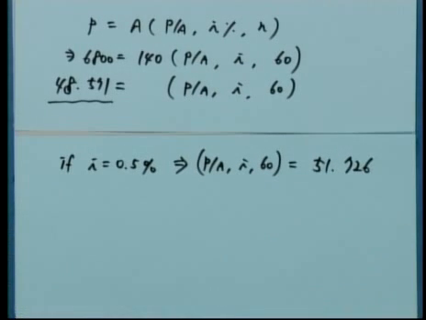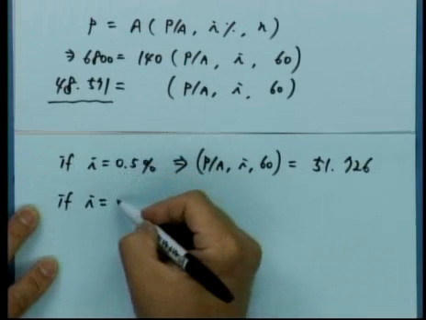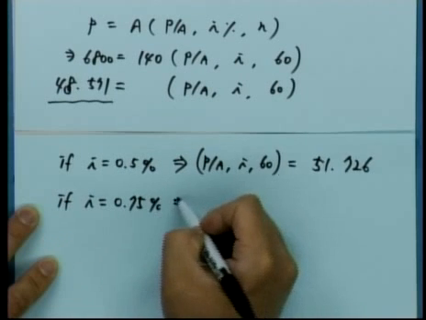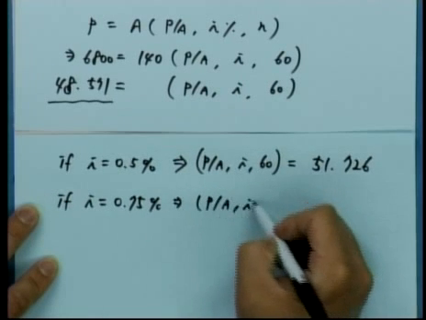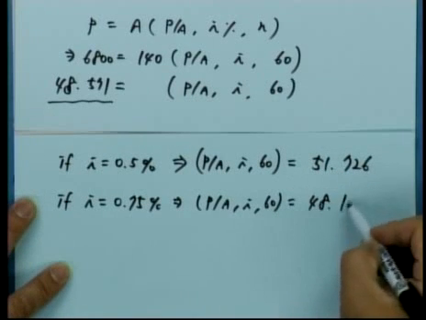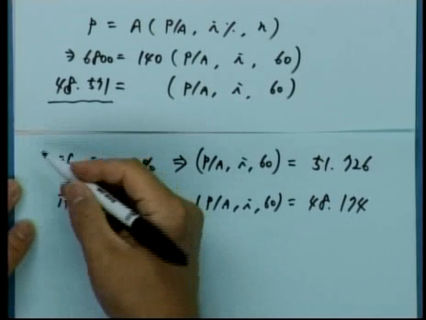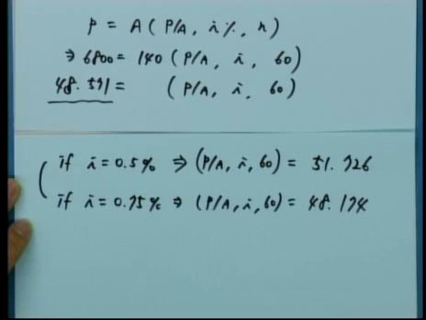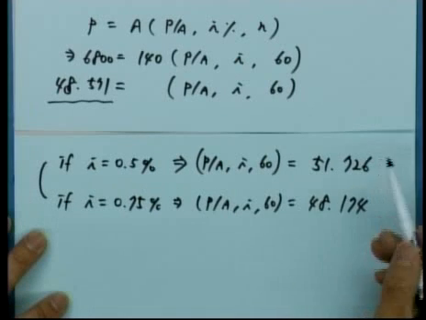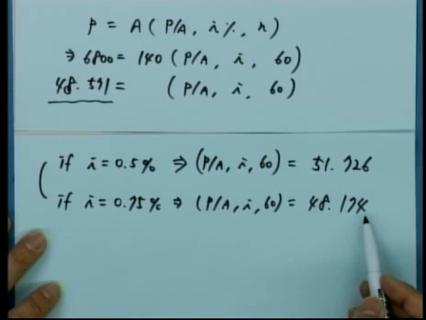Okay, and in another case, if I equals 0.75%, then this factor value becomes 48.174. Okay. So from the compound interest table, we obtained these two closest interest rates, having the values of 51.726 and 48.174 respectively. Okay.